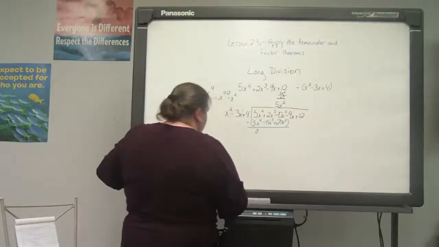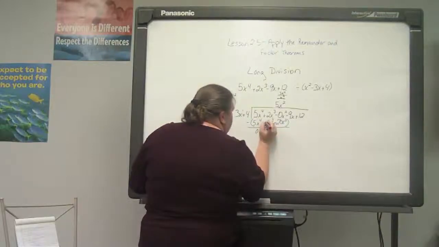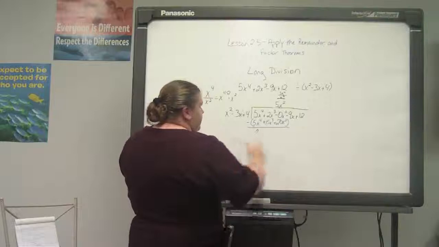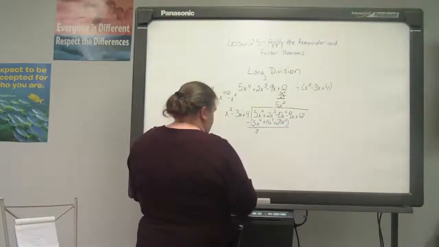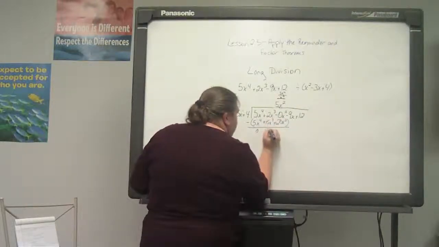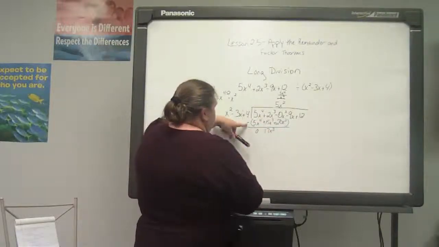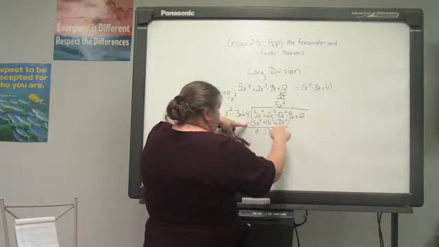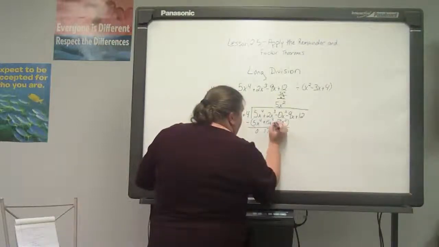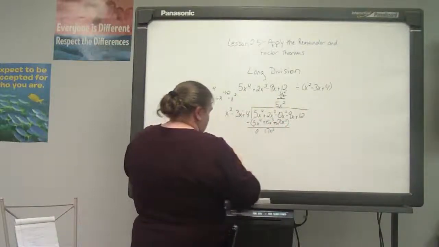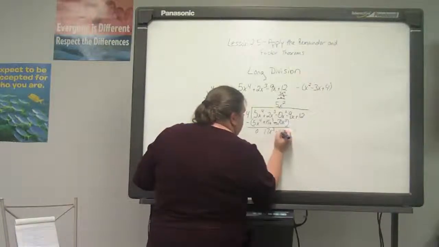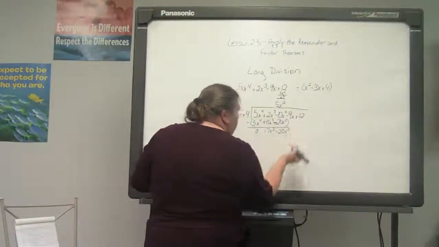So I can go ahead and rewrite this. Now it becomes a positive. So 2 plus 15 gives me 17x cubed. And again, a minus times a positive gives me a minus. And so I now have minus 20x squared.